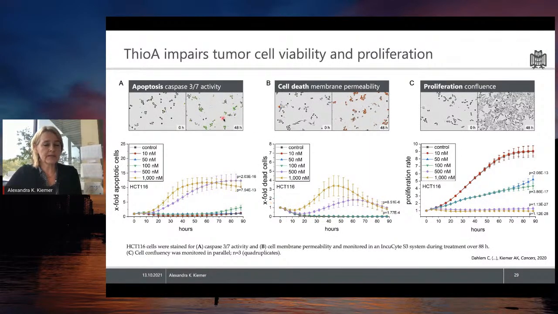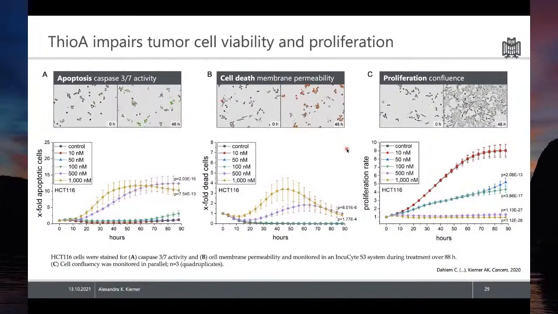And so we did a microscopy-based analysis in which we could stain apoptotic cells. They become green over time, and the necrotic cells, by the membrane permeability stain, become red, and this can be quantified over time. What you can nicely see is that you get this curve in the cells treated with high concentrations, but not in the lower concentrations.